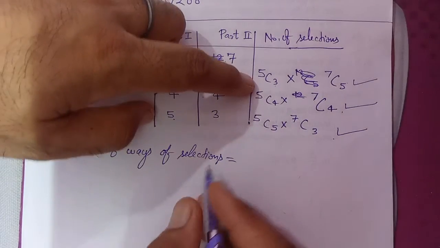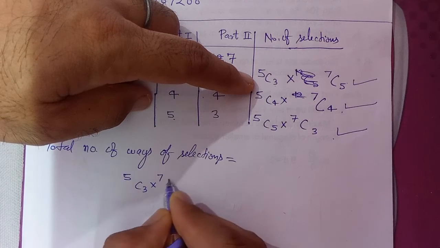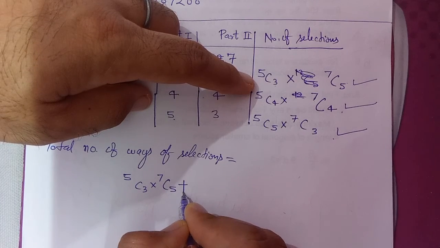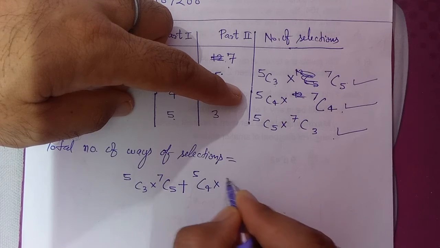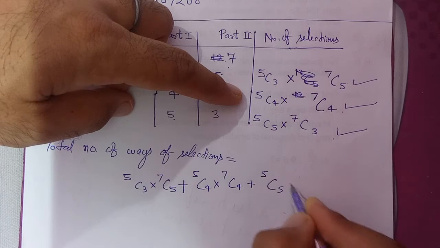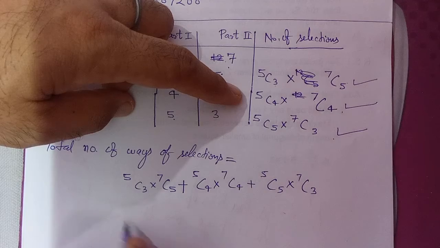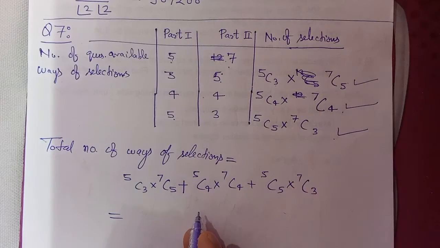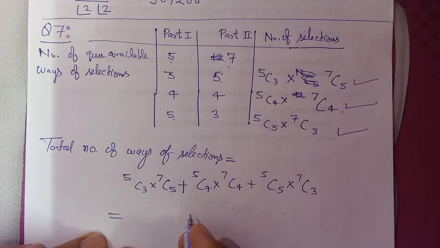So total number of selections is 5C3 into 7C5 plus 5C4 into 7C4 plus 5C5 into 7C3. You can simplify these numbers and finally you will get 420. In 420 ways he can select the questions.